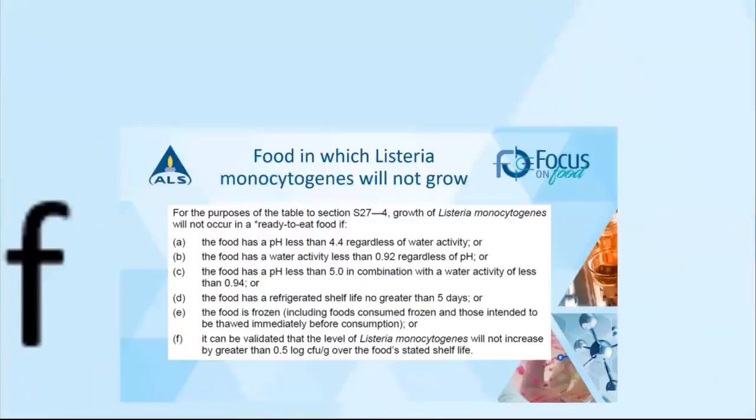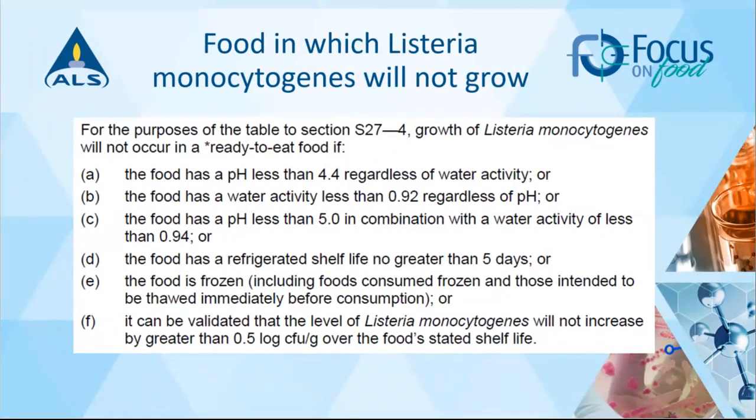Finally, Standard 1.6.1 defines food in which Listeria monocytogenes will not grow. This is extremely important to know when setting end product testing criteria. There's a whole list there of product characteristics.